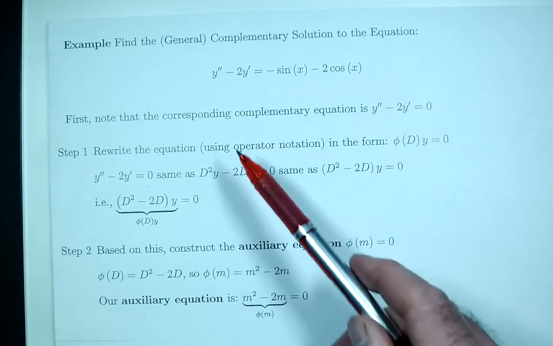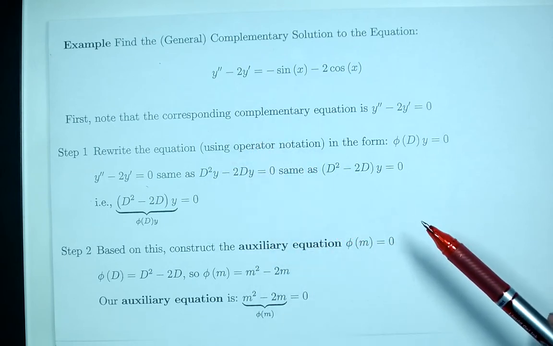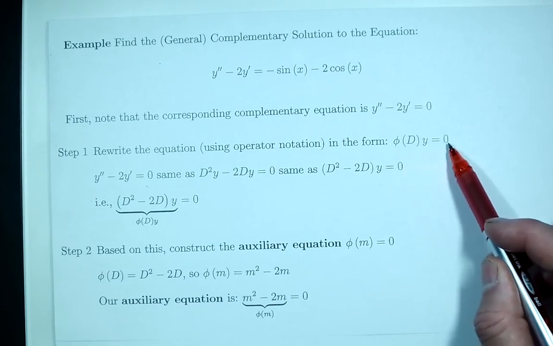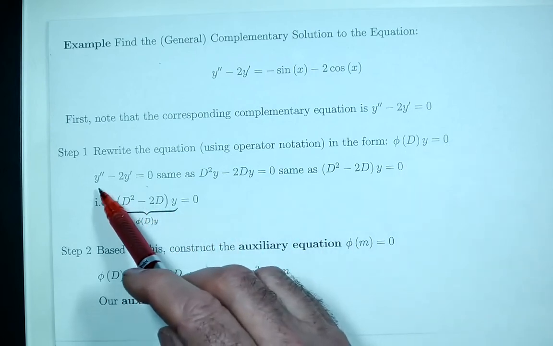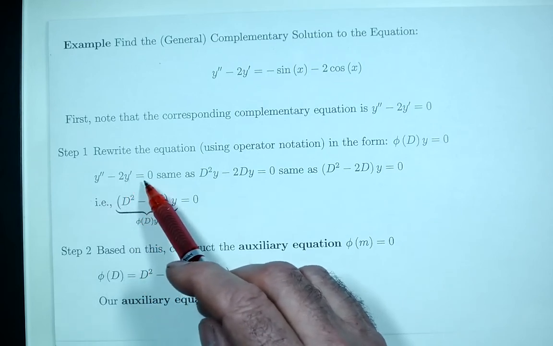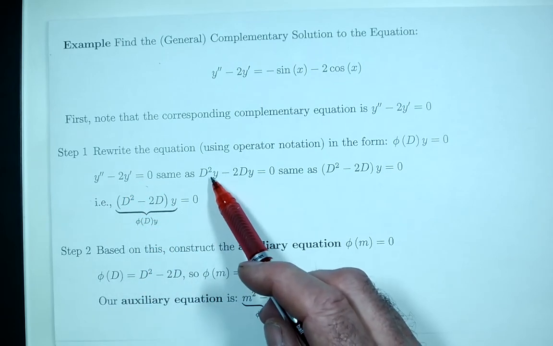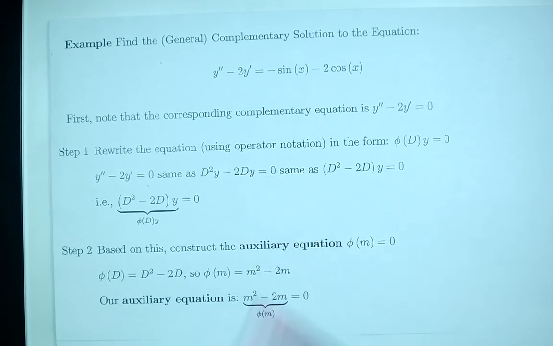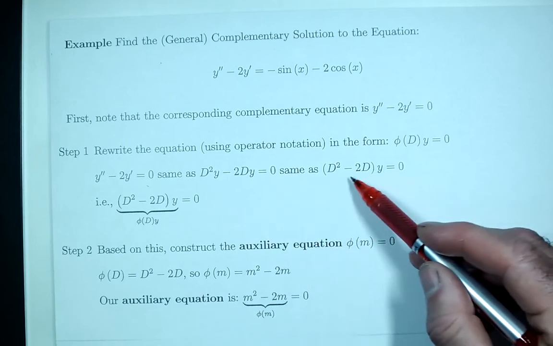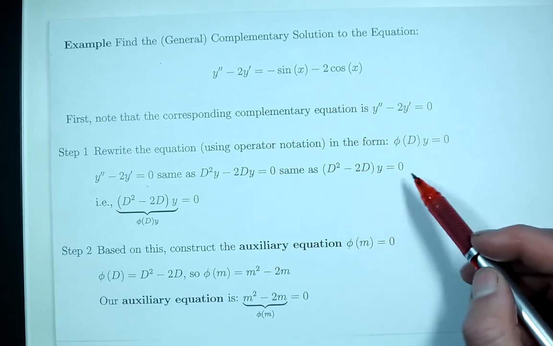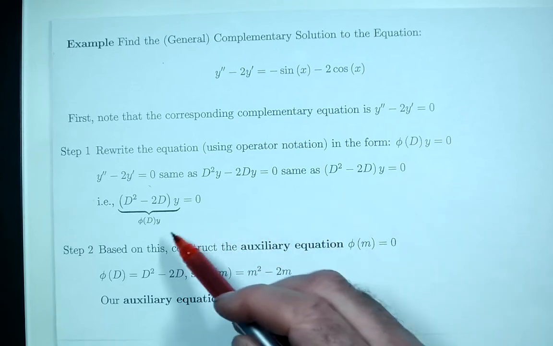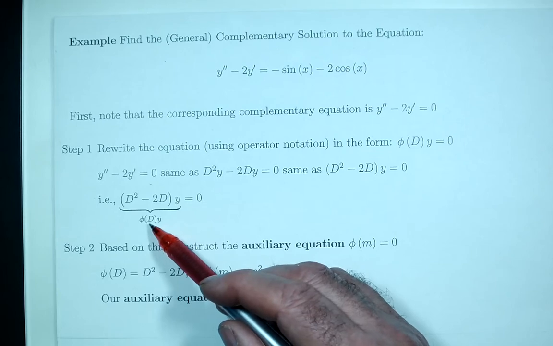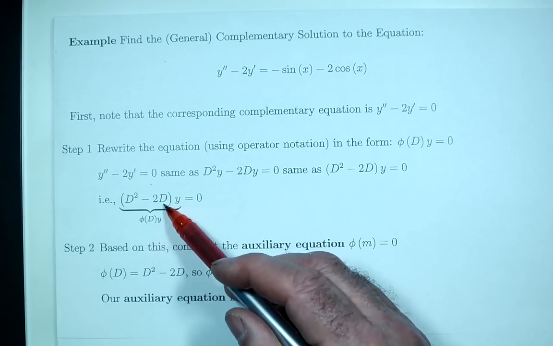Step 1, rewrite the equation using operator notation so that it's in the form of phi of D y equals 0. y double prime minus 2y prime equals 0, same as D squared y minus 2Dy equals 0. If we factor out the y, (D squared minus 2D)y equals 0. This is our complementary equation, and there's the polynomial phi of D, D squared minus 2D.